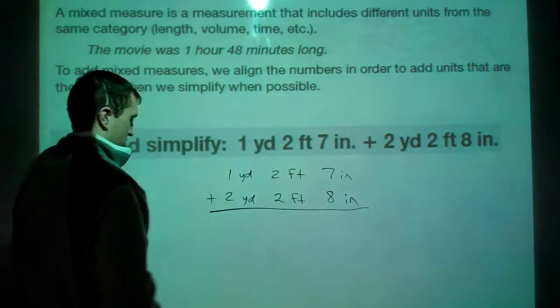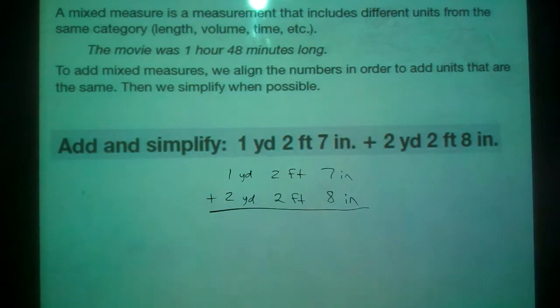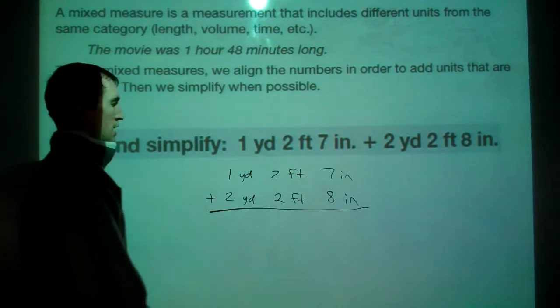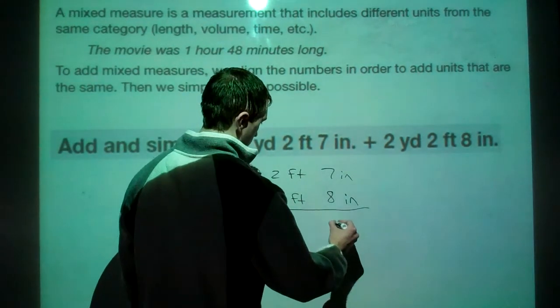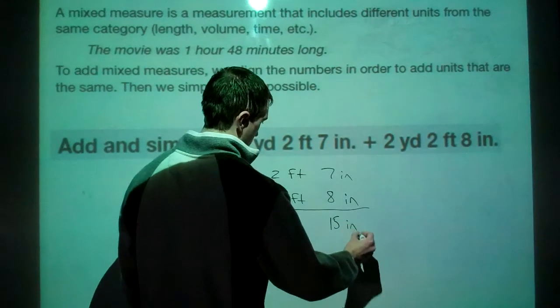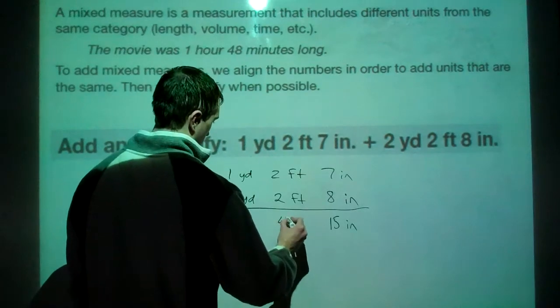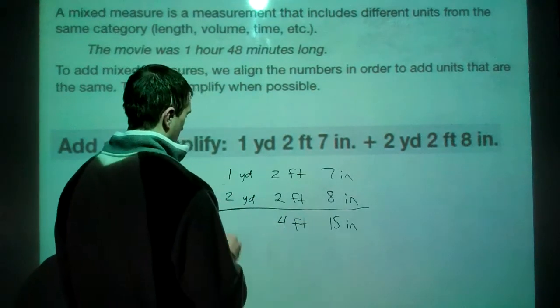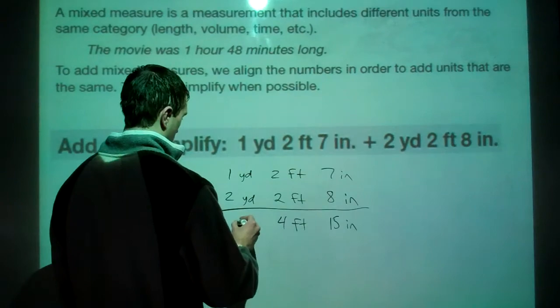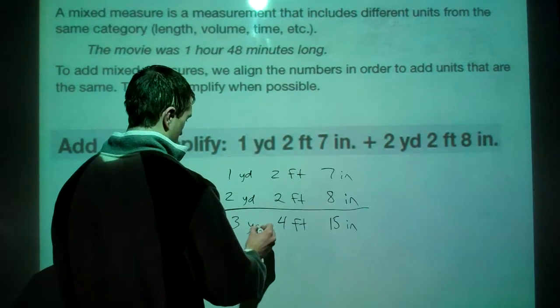And then we start with the furthest to the right, like we do with regular addition. 8 plus 7 is 15 inches. 2 feet plus 2 feet is 4 feet. And 1 yard plus 2 yards is 3 yards.